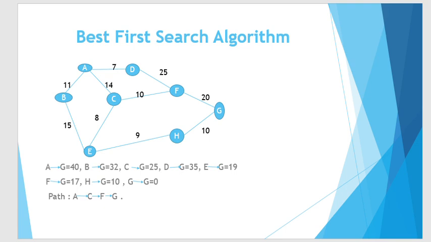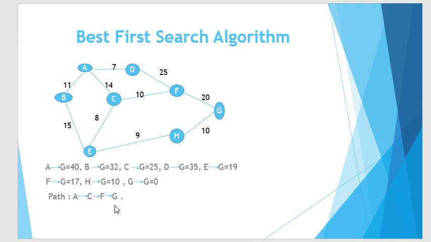Obviously, you have already reached the goal state. So over here, my path is being followed from A to C, from C to F, from F to G. The same we are doing over here: A to C, C to F, F to G.